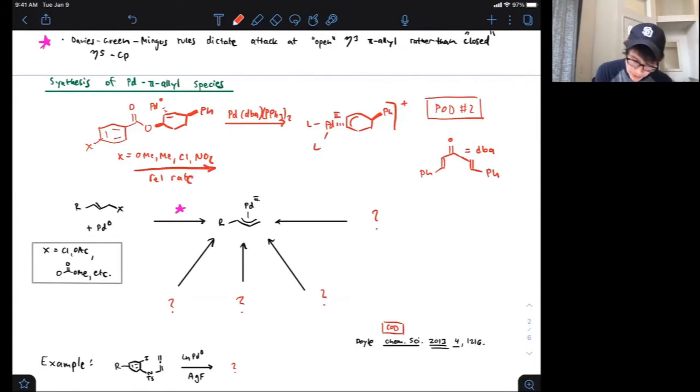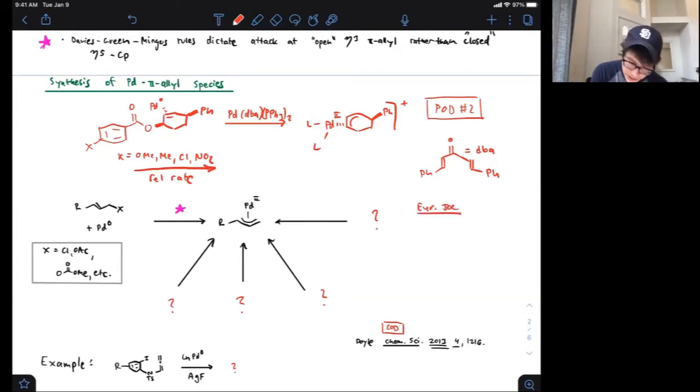Let me just pull up this, let me jot down this reference. There's actually a lot more to this particular paper than just this set of experiments, but okay, very good.